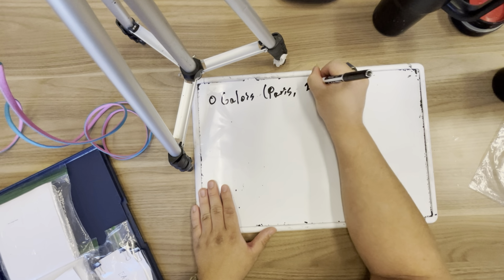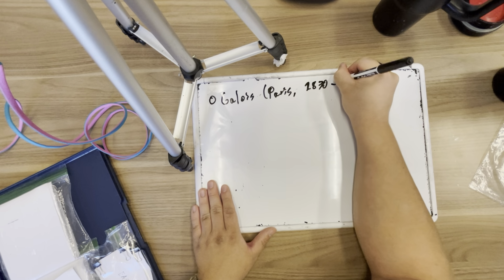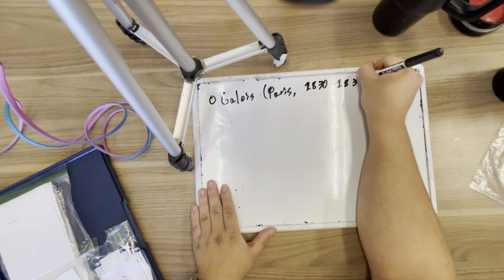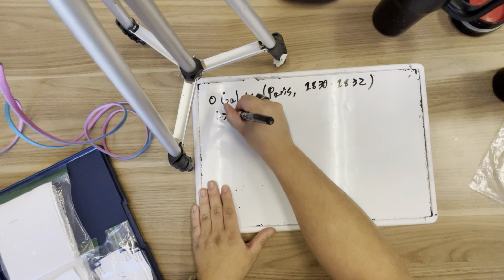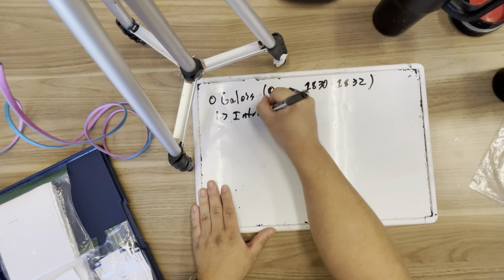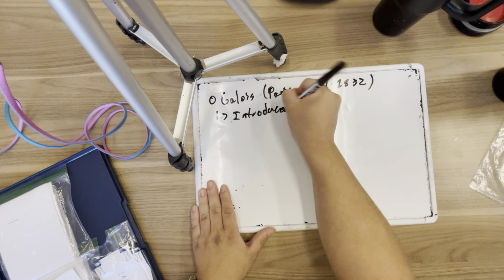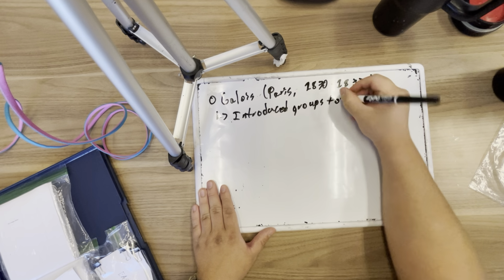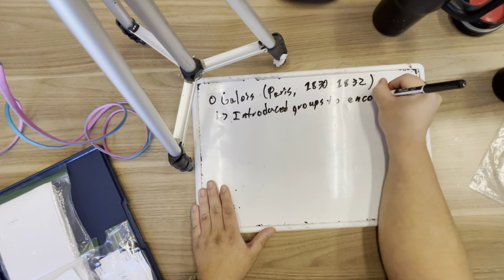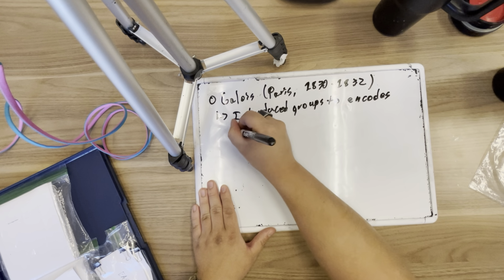Paris, 1832. What did he do? He introduced groups to encode symmetries of roots.